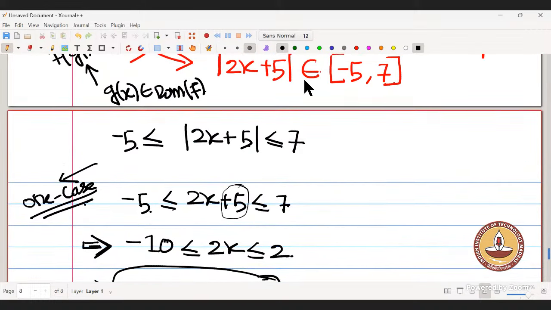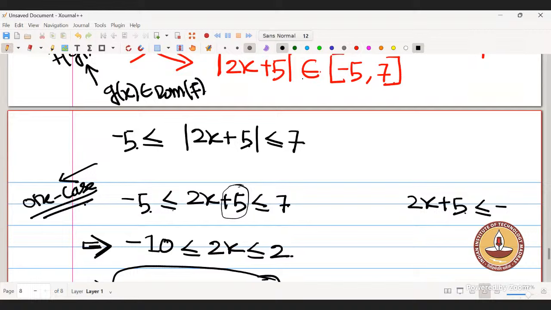So what is the next case? We have to take the case for negative. So -2x -5. Tell me the initial part. 2x plus 7 is less than... Sir, we have to change the inside equation, right? Yeah, that is what I'm saying, -7. You are correct.